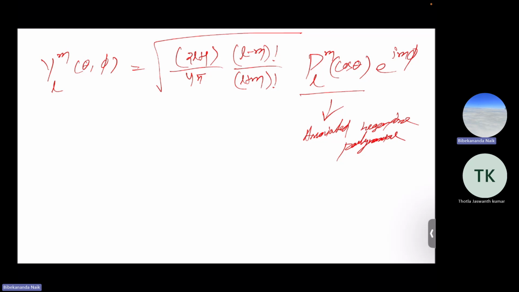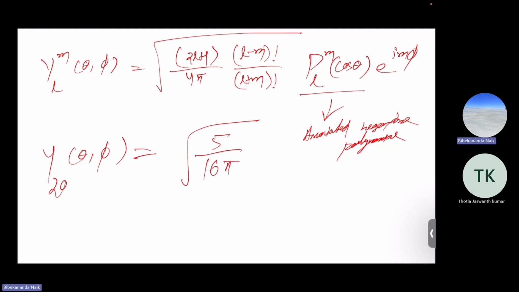If you put the values, what will be the expression for Y20? Y20(theta, phi) will be root over 5 by 16 pi. You can calculate 2 times 2 plus 1 is 5, so 5 by 4 pi, and l minus m is 2 factorial, l plus m is 2 factorial, so 2 factorial by 2 factorial is 1.